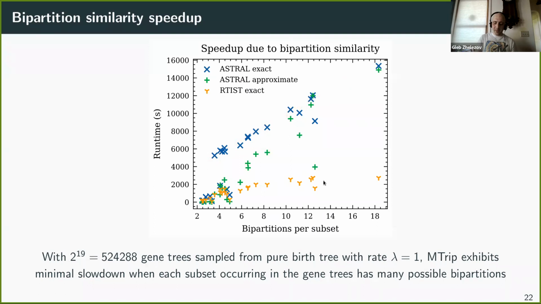Whereas when the number of bipartitions per subset gets very large, and this is usually corresponding to more gene trees, there's kind of this no change, right? And so you can interpret this as the saturation effect indeed really speeding everything up or slowing everything down, depending on which side you're looking at.